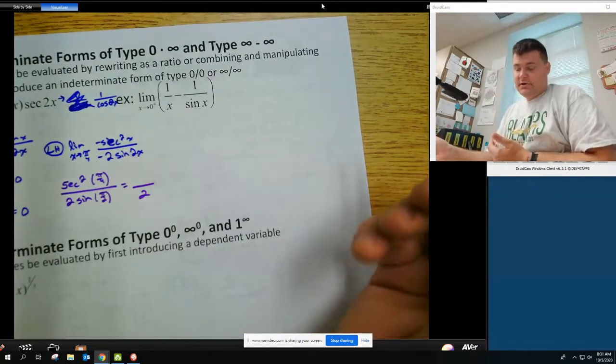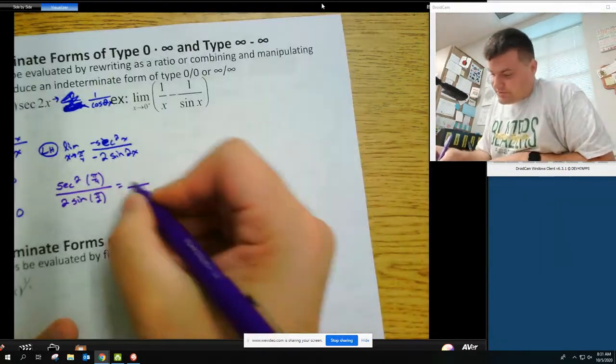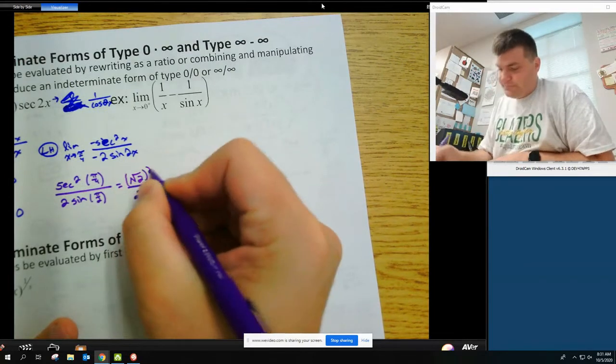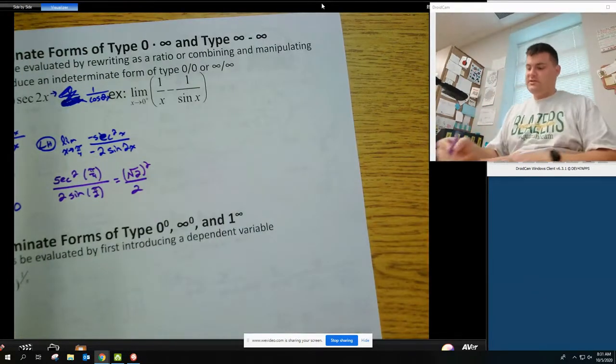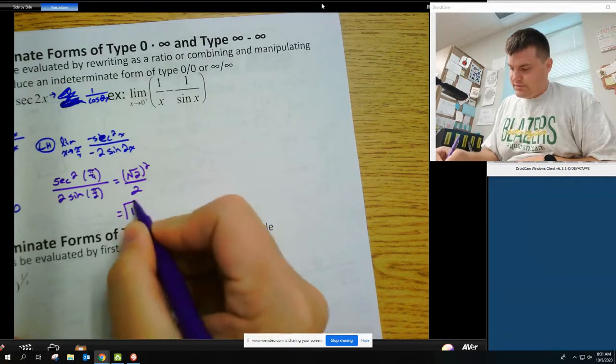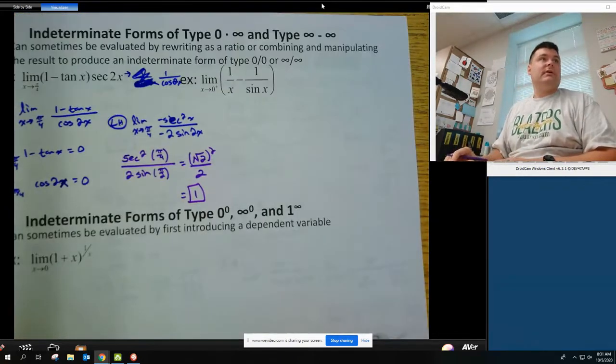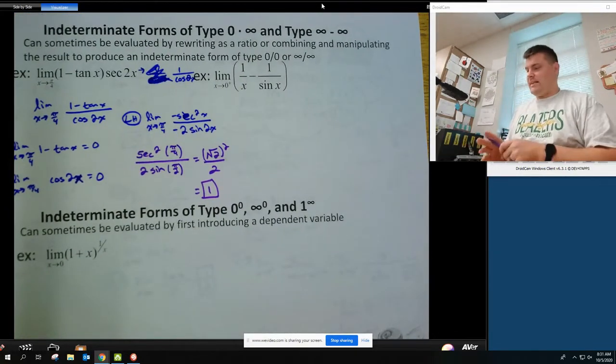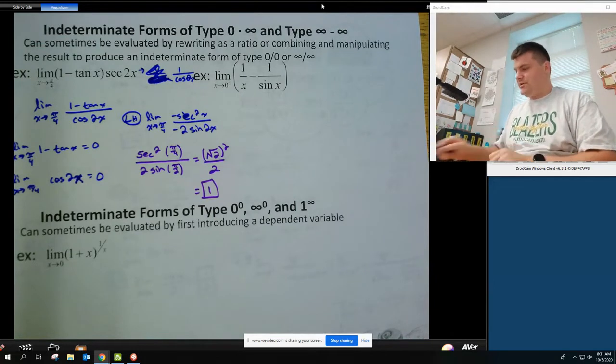Secant of pi over 4 is actually root 2, so it's going to be root 2 all squared. Root 2 squared is 2. 2 over 2 is 1. And there you go.